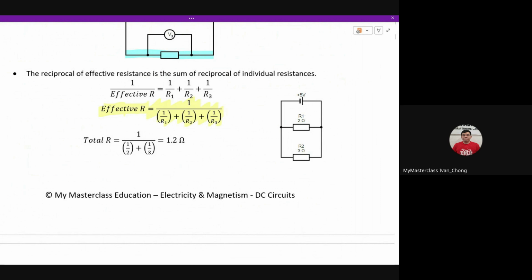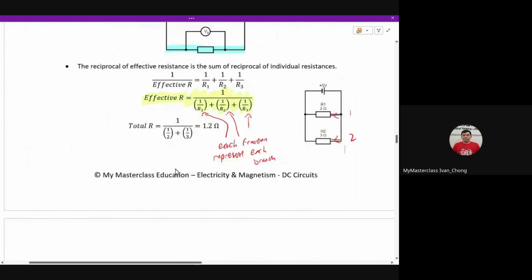Each fraction represents each branch. You have two branches, branch 1 and branch 2, so you have two fractions. So you have a half and a third. Half plus a third, you will get 5 over 6. 1 over 5 over 6, you get 1.2. Because of this, you need to be careful, especially when dealing with effective resistance. It's a little bit more tricky than your series circuits.